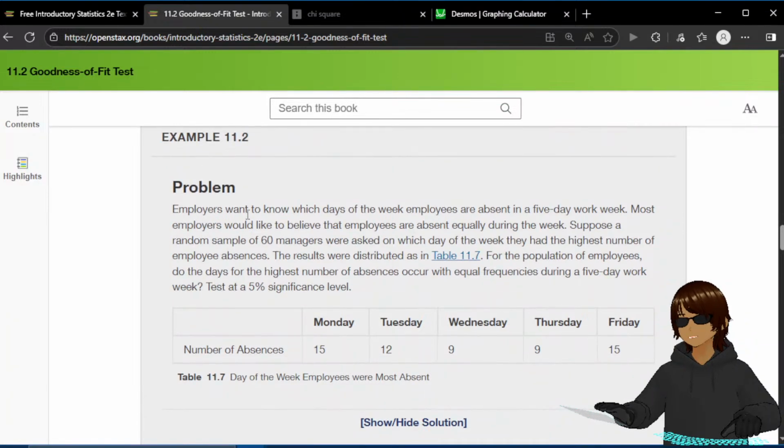Employees want to know which days of the week employees are absent in a 5-day work week. Most employees would like to believe that employees are absent equally during the week. Suppose a random sample of 60 managers were asked on which day of the week they had the highest number of employee absences. The results were distributed as in table 11.7.